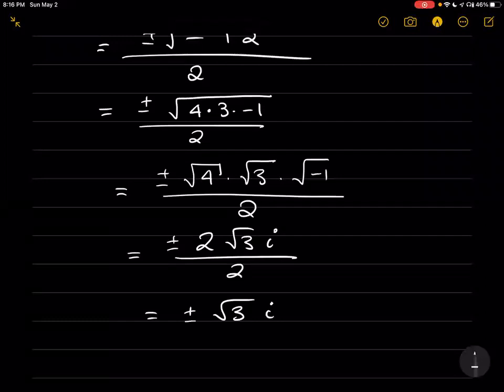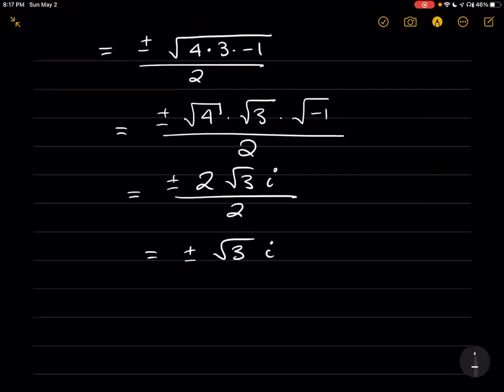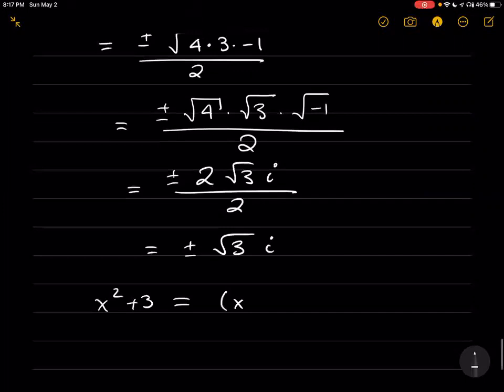Okay, so now we know that the quadratic we started with, x squared plus 3, using the factor theorem, is going to be (x minus root 3 i)(x plus root 3 i).